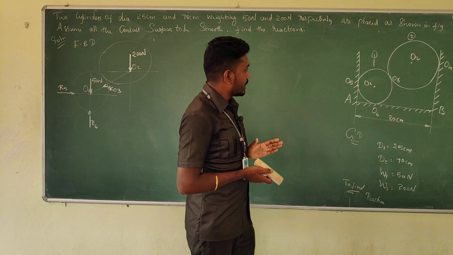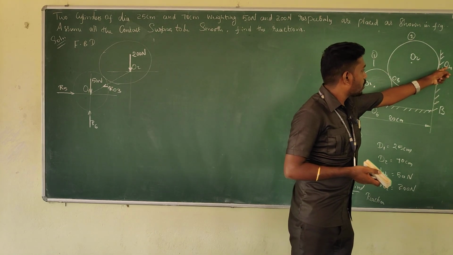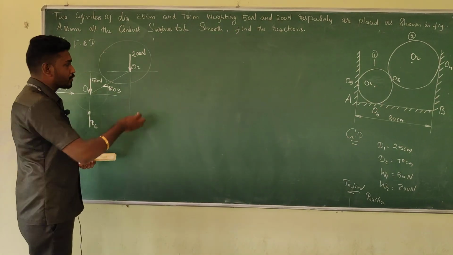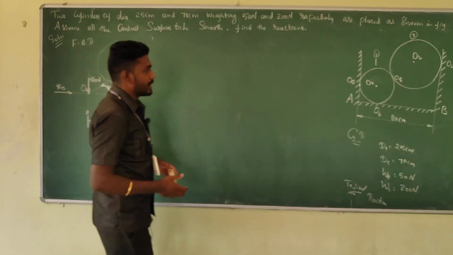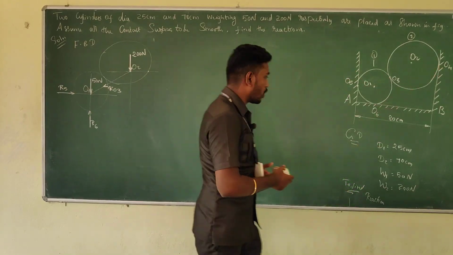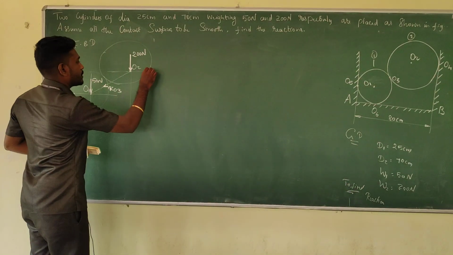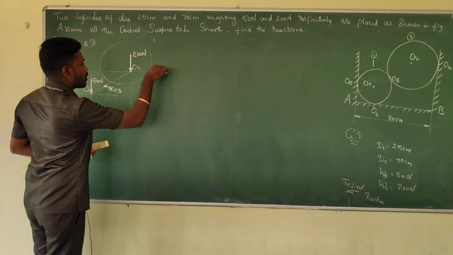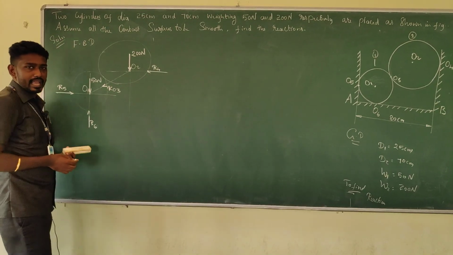For the next cylinder, at the point O4 there is a contact, so there must be a reaction force. It is happening here, am I right? So approximately here the reaction force will be R4, which is directed inwards.